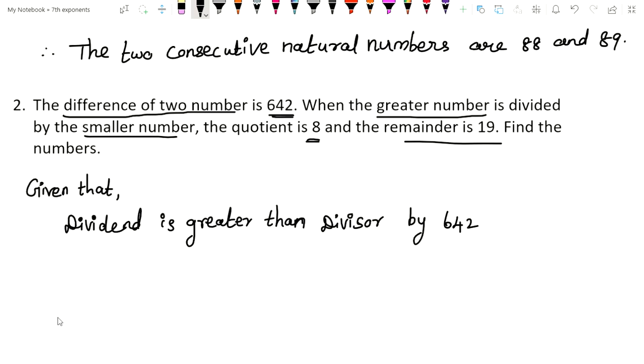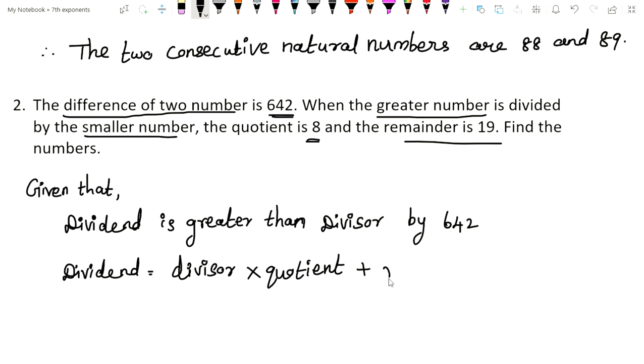Okay, you know the division algorithm. What is division algorithm, children? Dividend equal to divisor into quotient plus remainder.